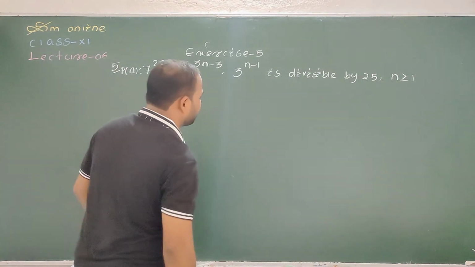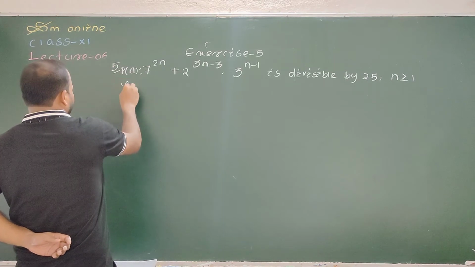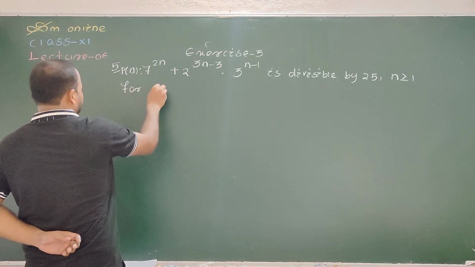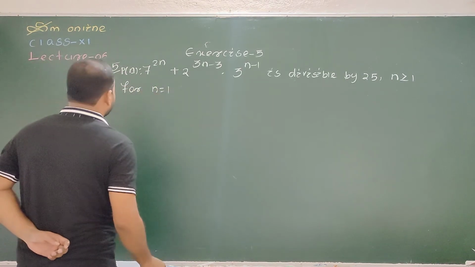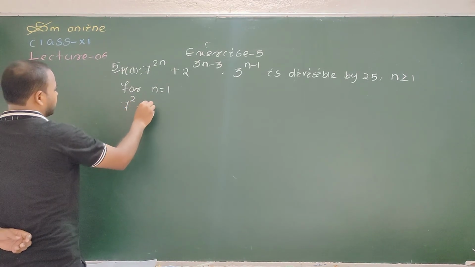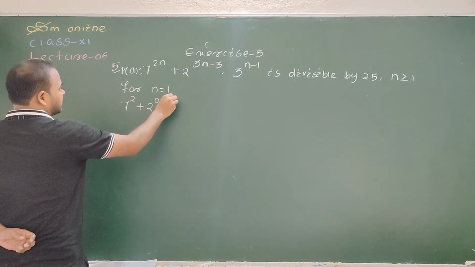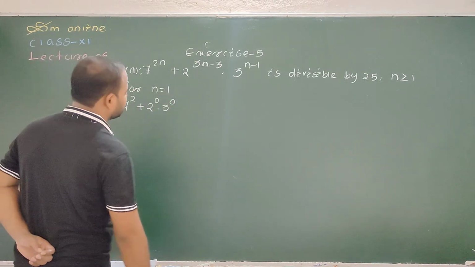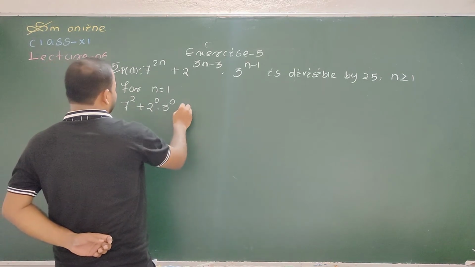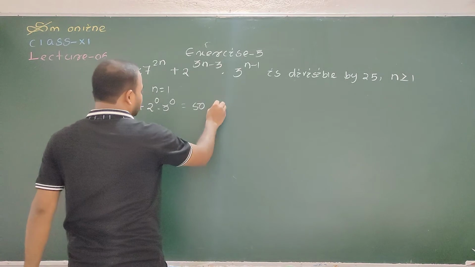Okay, now for n equal to 1, it is 7 power 2 plus 2 to the power 0 into 3 to the power 0. This is 50. Okay, and this is divisible by 25.